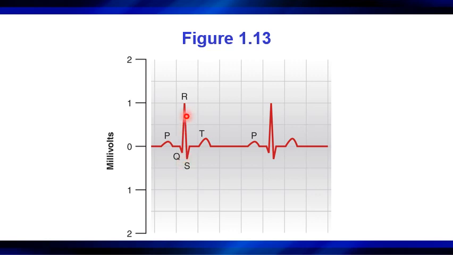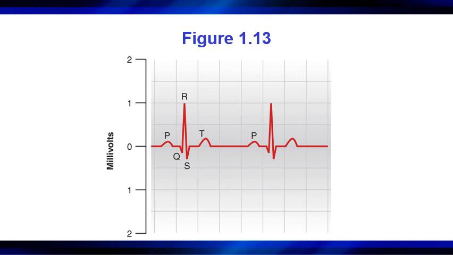The QRS complex is going to be ventricular depolarization, and within that is repolarization of the atria. So while the ventricles are depolarizing during the QRS complex, the atria are repolarizing, going back to that resting negative charge.